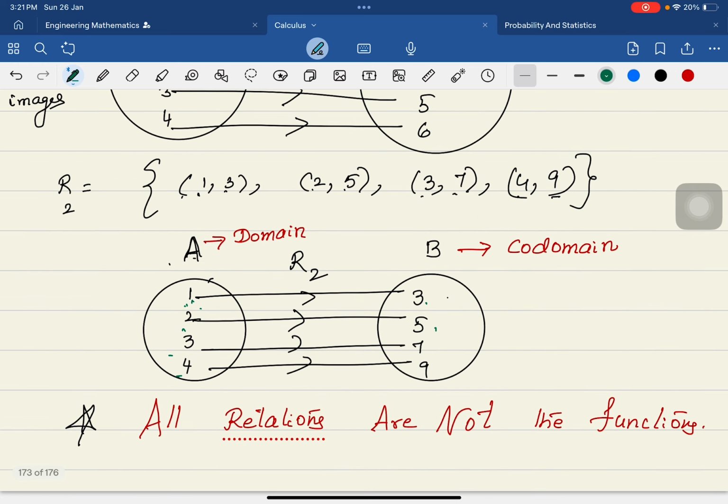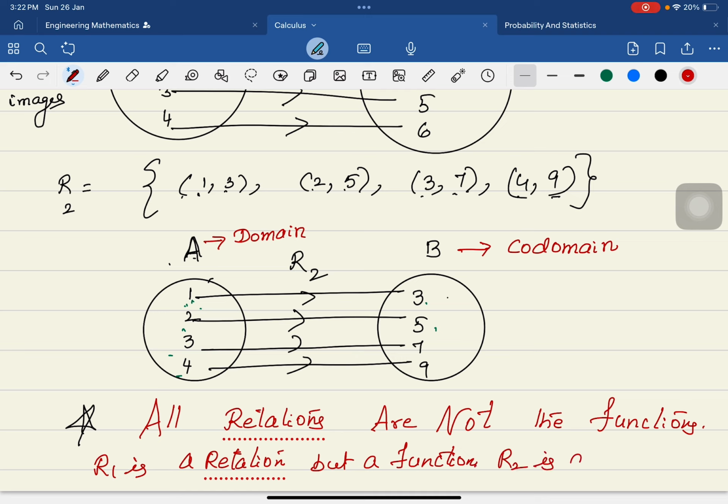I will write one more point here: R1 is a relation but not a function, whereas R2 is a function because it is a relation already. So now it is a function. I hope you could understand.